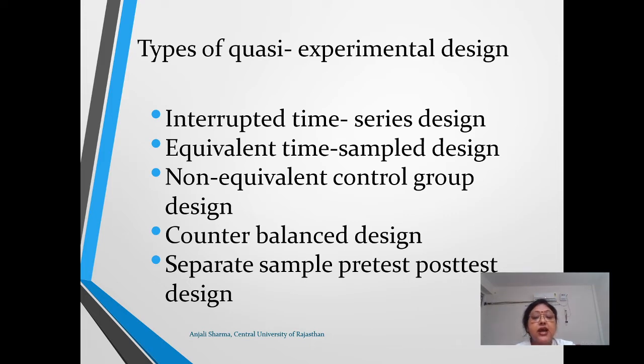So let us see how we can go with these. Interrupted time series design, equivalent time sample design, non-equivalent control group design, counterbalance design, separate sample pre-test post-test design. Let us take one by one all these types of quasi experimental design and see how we can administer them, how we can craft our research.